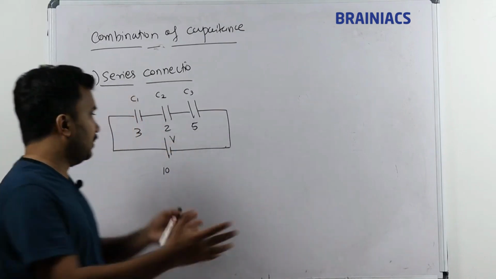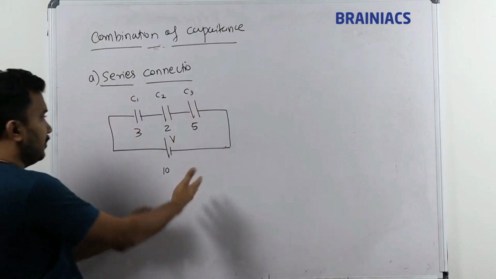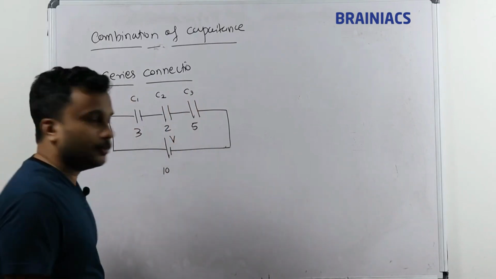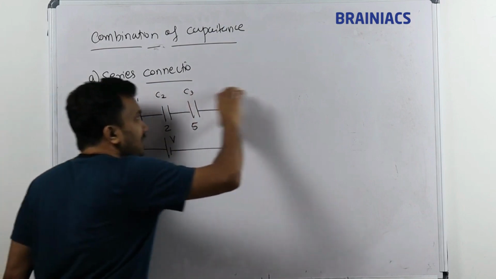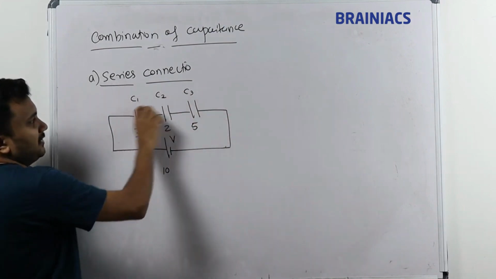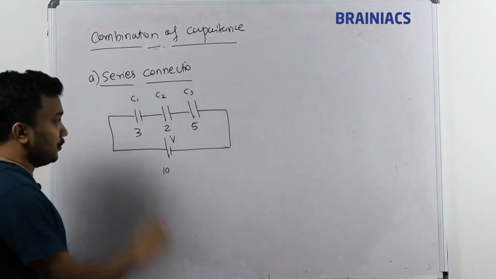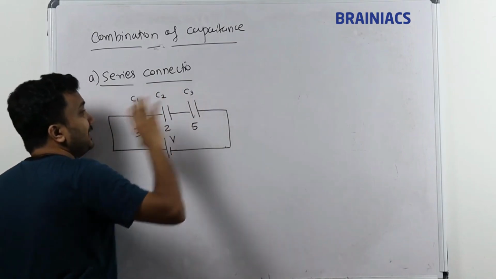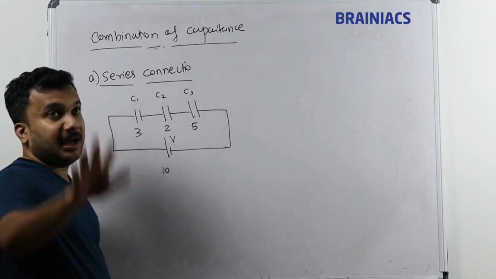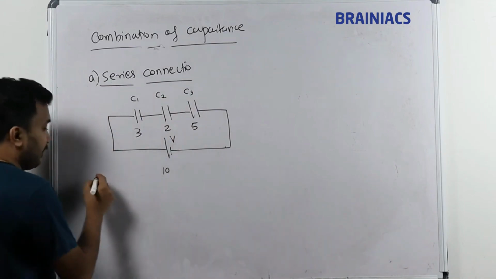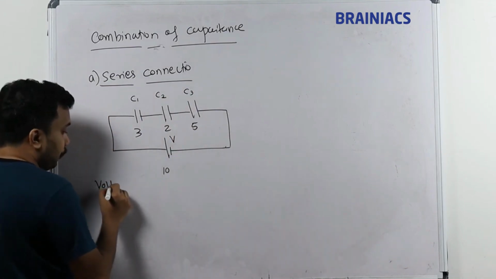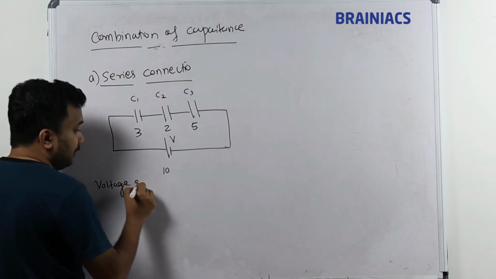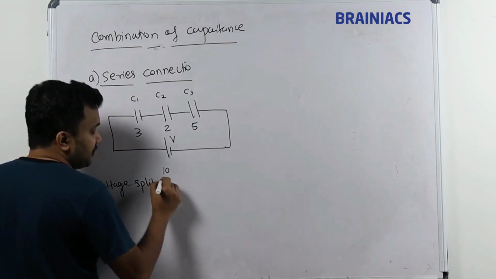What I am trying to convey to you here is, the total voltage you are giving here is going to split in a series connection. This is called series connection. So voltage will split in a series connection. In parallel connection, voltages are the same. So we'll write our first point, voltage splits in series connection.